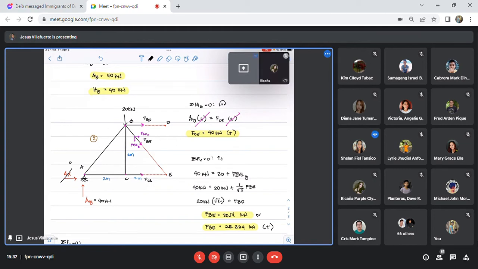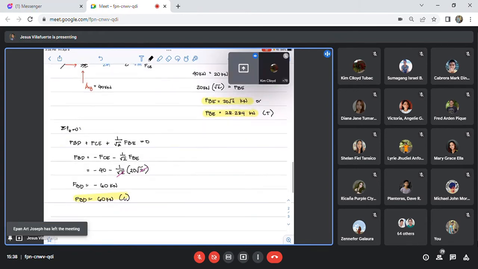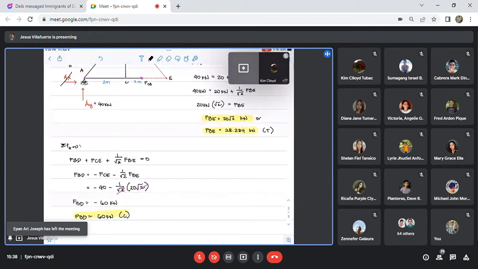Because FBE and FCE are connected to point E, therefore these forces become zero. So what remains is member FBD, and if I take summation of moment at E, then I will be able to solve FBD. So this is just for checking if indeed 60 kilonewton compression comes out. So let's do it.